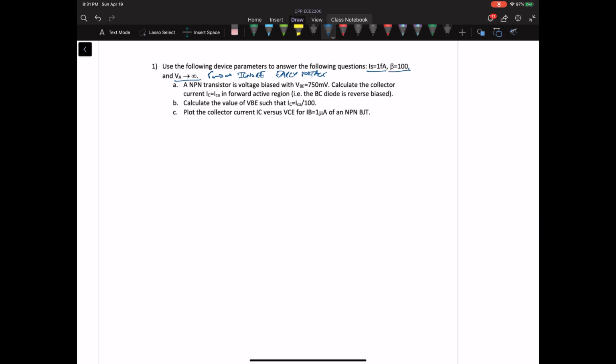Okay, and the first problem is telling us we have an NPN with a base-emitter voltage of 750 millivolts. We want to calculate the collector current in forward active. The equation for the collector current is I sub C equals I sub S times the exponential of VBE over VT.